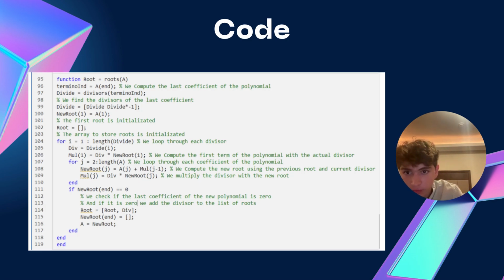We then find the divisors, then we initialize the variables, then we test each divisor. We do a synthetic division in the code, then we check for a root, and when we get the root, we update the coefficients with the new root.